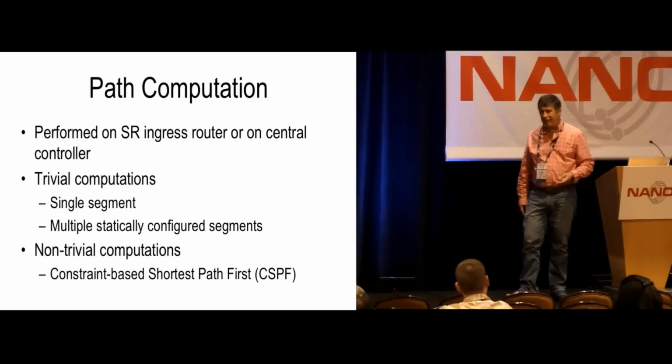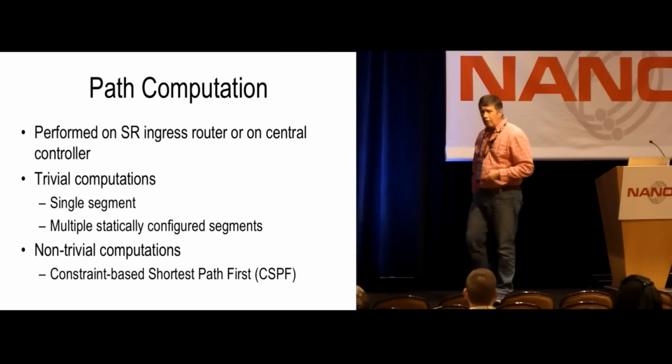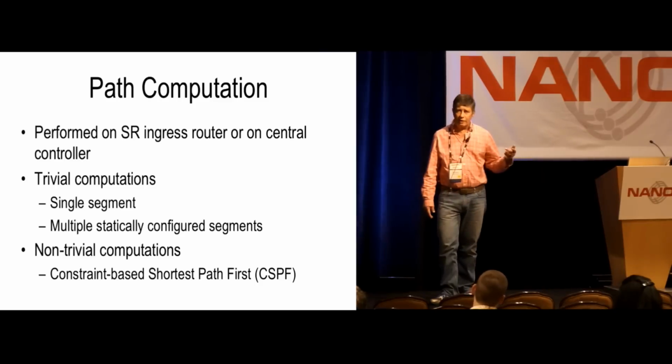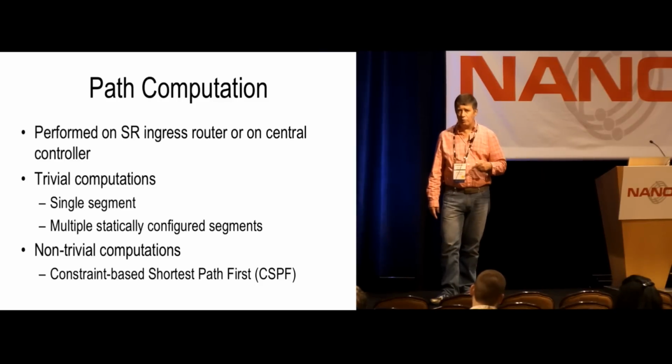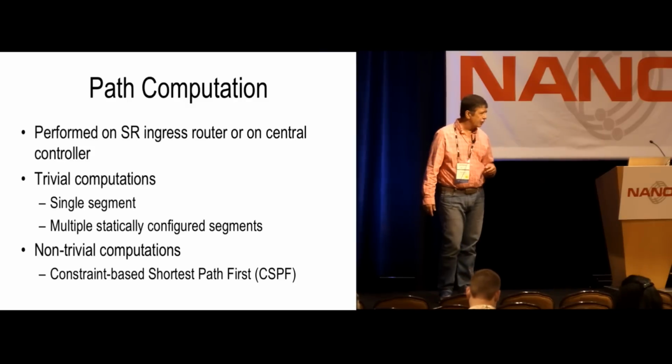Well, that path computation is really, really easy. All you have to do is figure out what your IGP shortest path to R7 was, and for the shortest path, figure out what the sRGB base of the other guy is, and push that single label. That's really a trivial path computation.